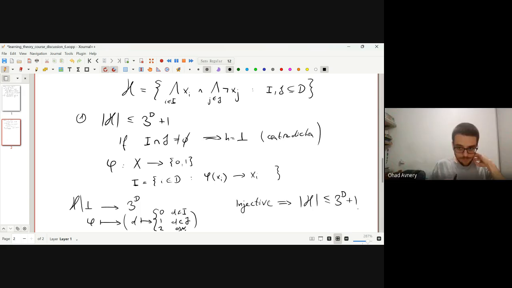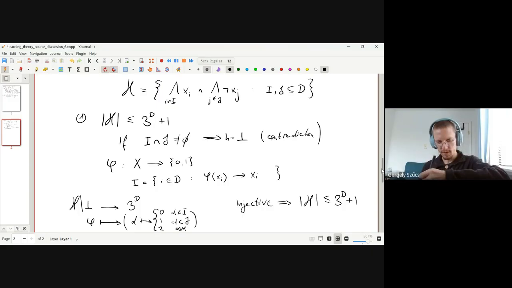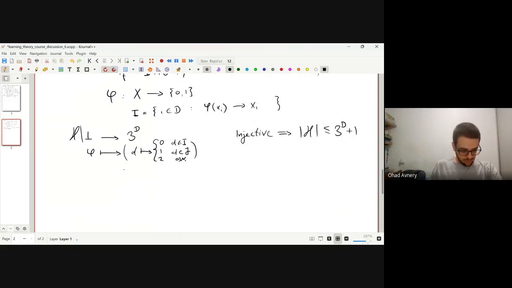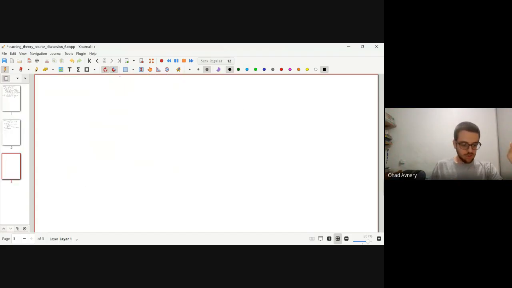Yeah, that makes sense. Okay, so for now, there's the first bound on the dimension. We always know that the dimension of H is at most log 2 of the size of H. So that means we can bound the dimension by log 2 of 3 to the d plus 1.